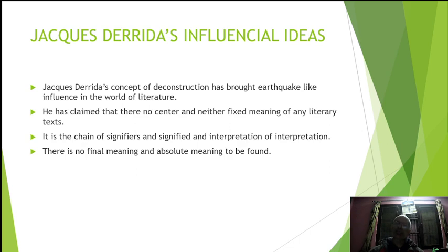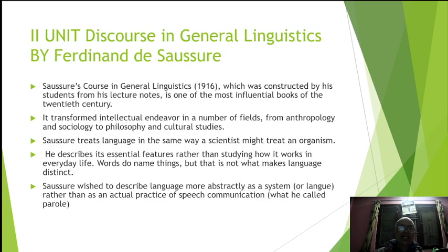There is no final, absolute meaning to be found. This sort of idea is called deconstruction, and it is Jacques Derrida's influential idea, which has brought magic-like change and great earthquake-like influence in the field of literature.